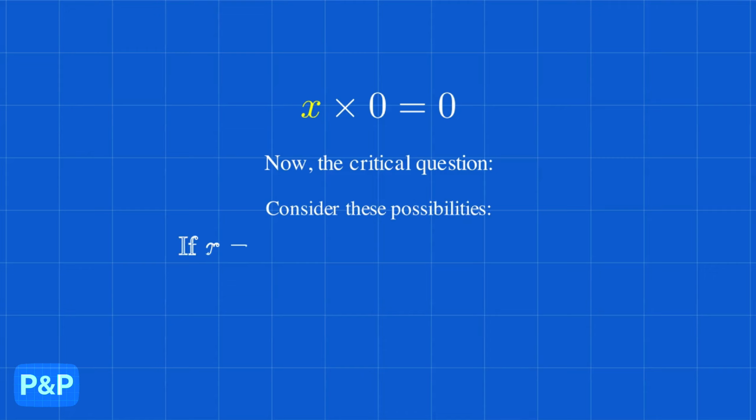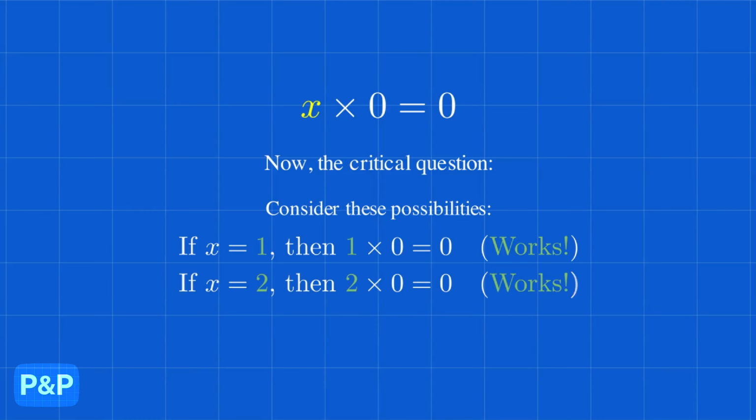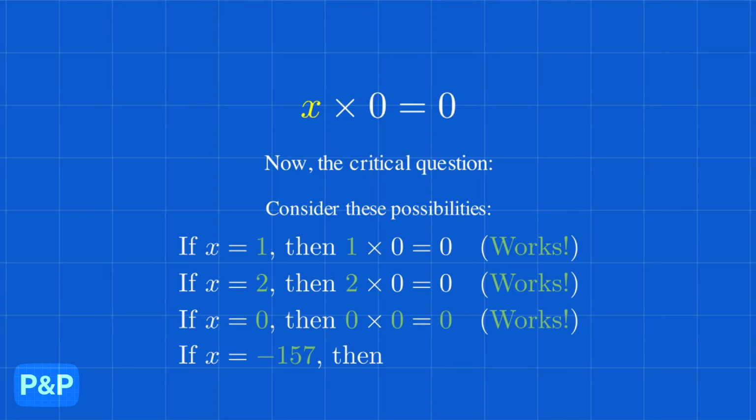Consider these possibilities. If x equals 1, then 1 times 0 equals 0. This works. If x equals 2, then 2 times 0 equals 0. This also works. If x equals 0, then 0 times 0 equals 0. This works too. If x equals negative 157, then negative 157 times 0 equals 0.